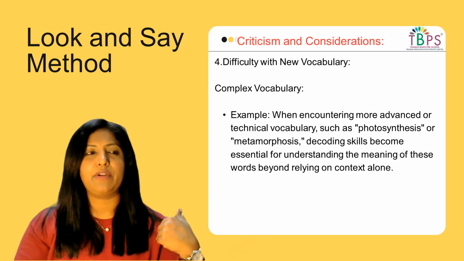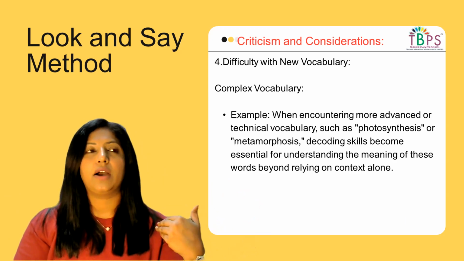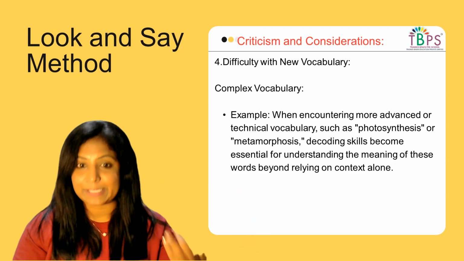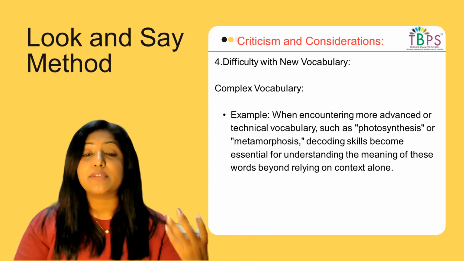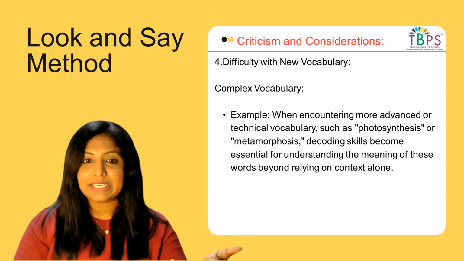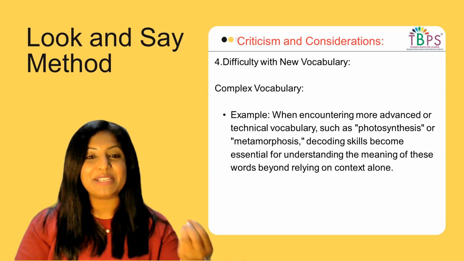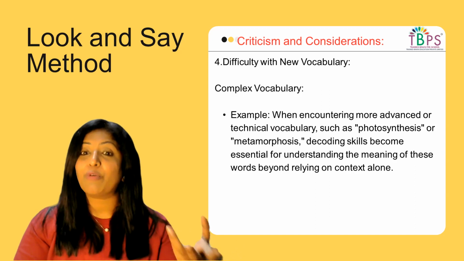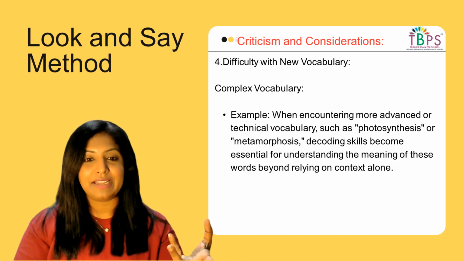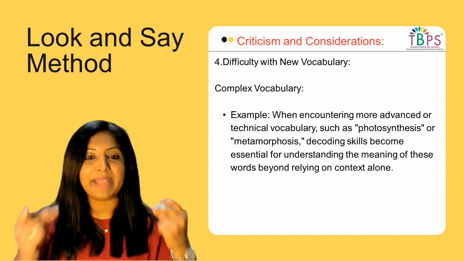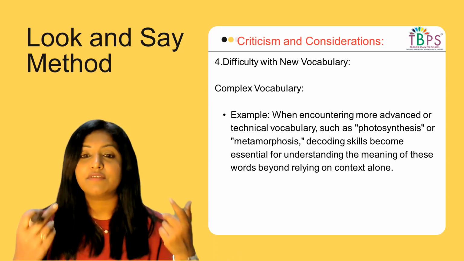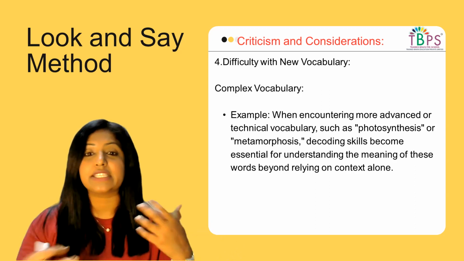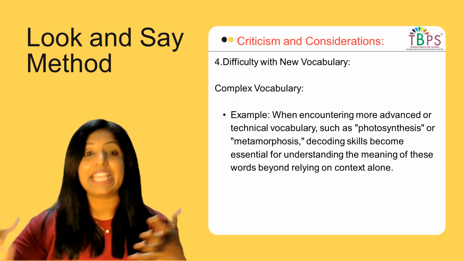For example, if I'm giving you a word like photosynthesis or a word like metamorphosis, right? Children might find it difficult because these words are really long. They're complex vocabularies. But what if I'm using phonics? I can go on syllabicating: metamorphosis, photosynthesis.